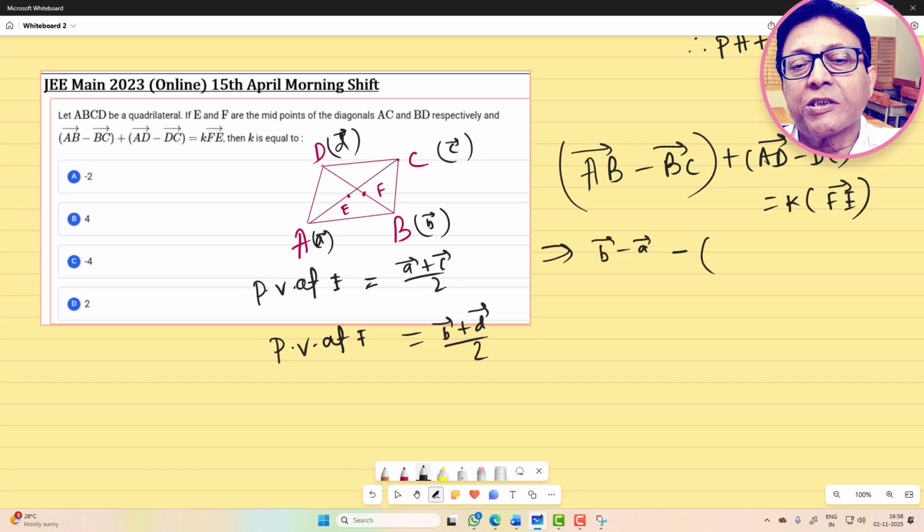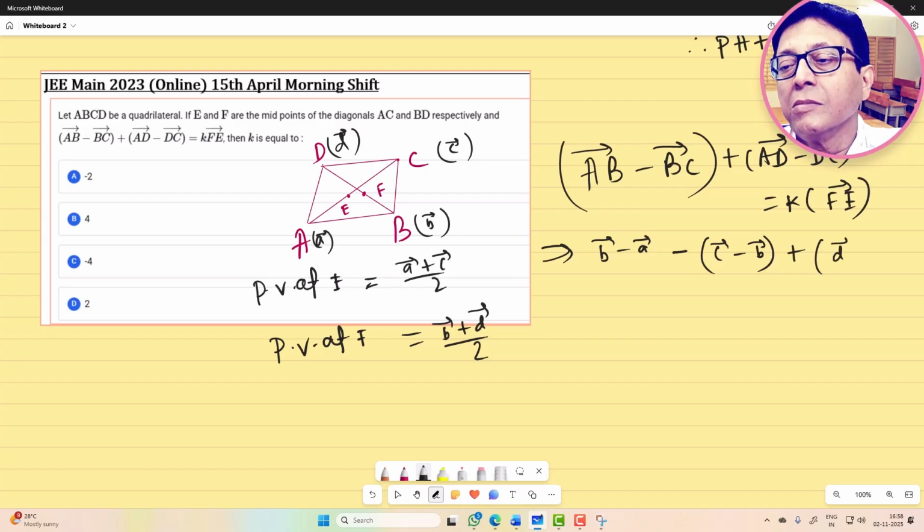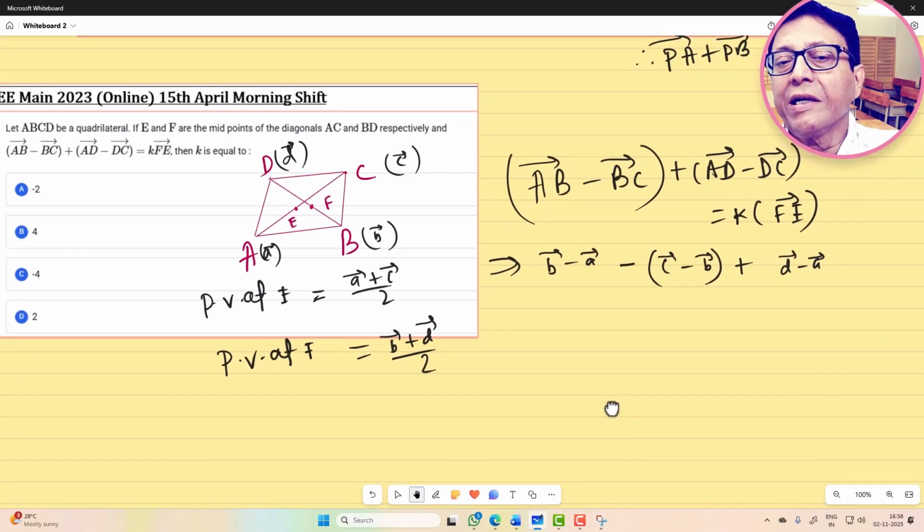Position vector of C minus position vector of B. AD is what? D vector minus A vector. Okay? AD vector, position vector of D minus position vector of A, and DC vector. DC is what? C minus D.